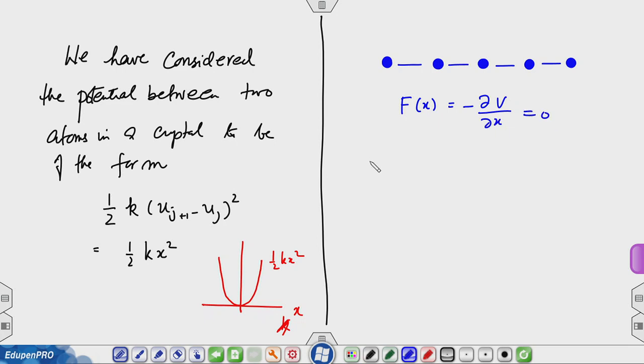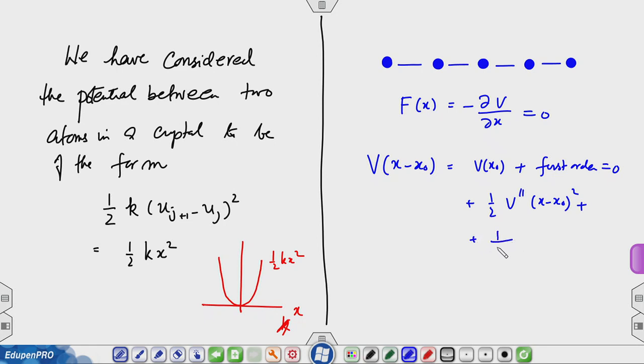So, if I expand the potential V(x) about this equilibrium point, this is going to be V(x0) plus the first order, which is going to be 0, because the first derivative of the potential is 0, and then you get the second order, which is 1/2 V double prime (x minus x0) square, plus then there are going to be these higher order terms, 1/6 V triple prime (x minus x0) cube plus x raised to 4, and so on.